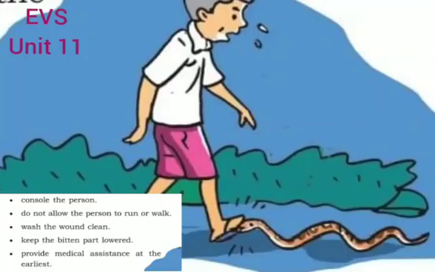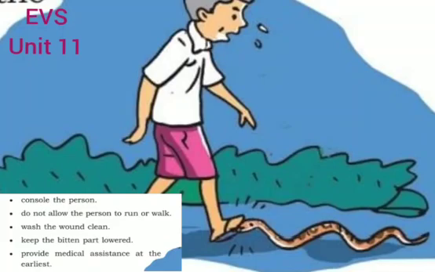Next first aid is for snake bite. What you have to do is console the person. Do not allow the person to run or walk. Wash the wound clean. Keep the bitten part lowered. Provide medical assistance at the earliest.